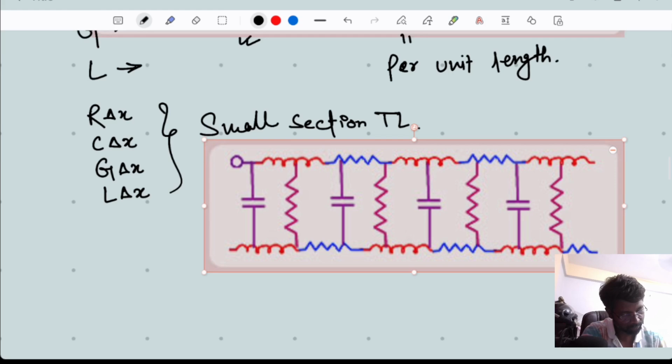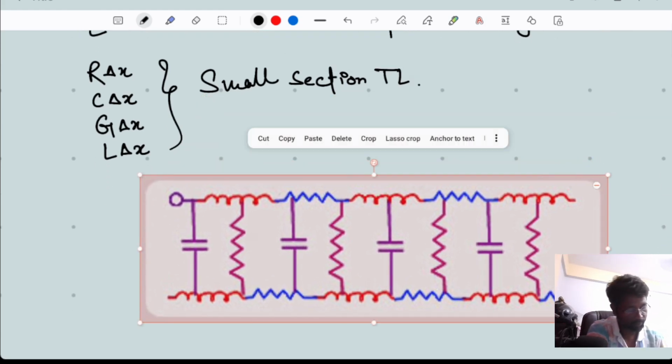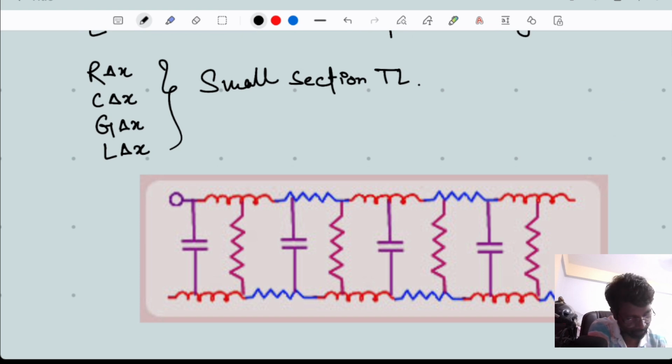So we can model transmission line using all these values, that means C, G, R, L. If we look at this circuit arrangement, then these four parameters are distributed throughout the length of the transmission line.